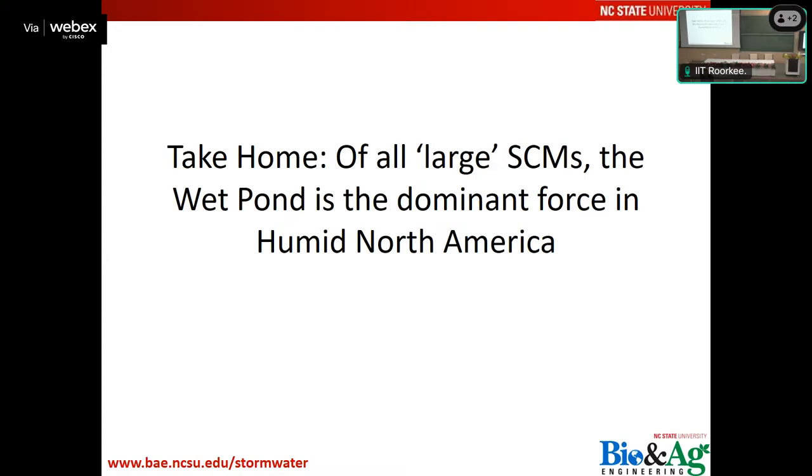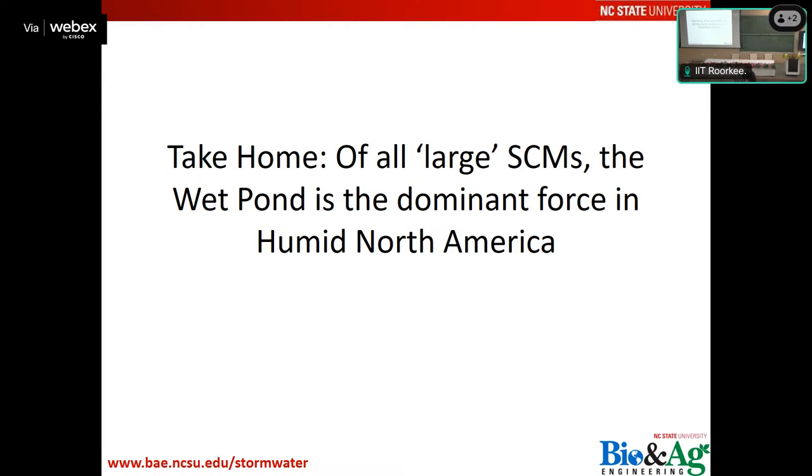That's in one state. The state to the south of us, they claim they have 40, and that's even smaller than North Carolina. Guess what it's called? The state to the south of North Carolina is called South Carolina. That's correct. The South Carolinians claim they have 40,000 wet ponds.